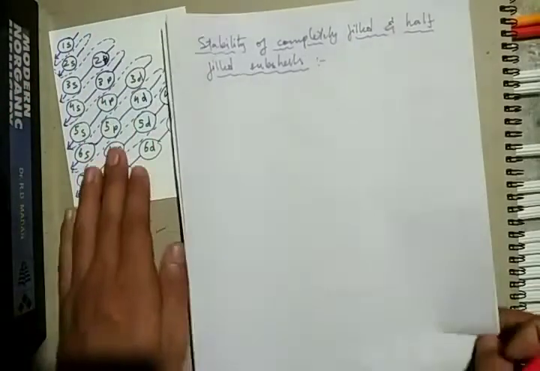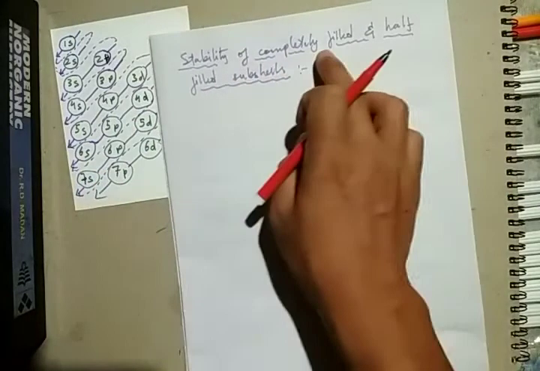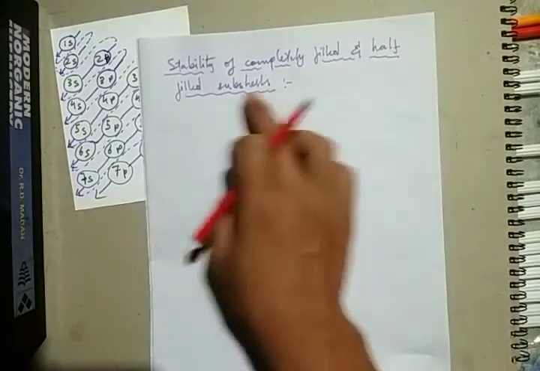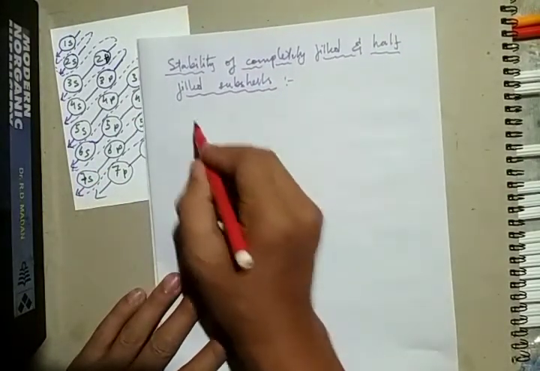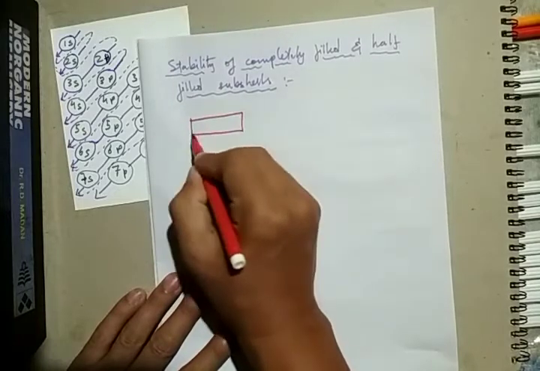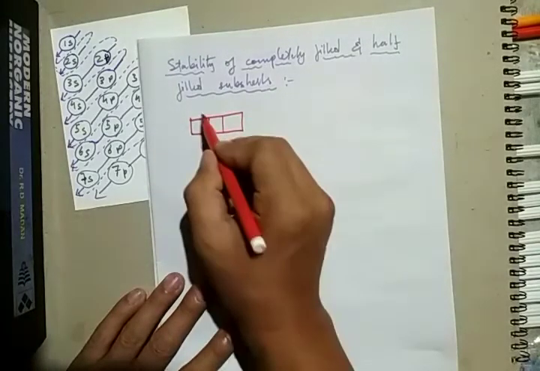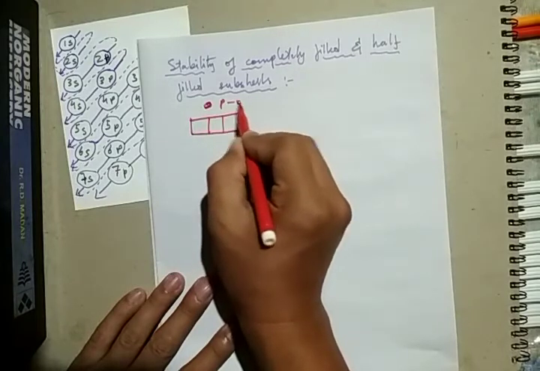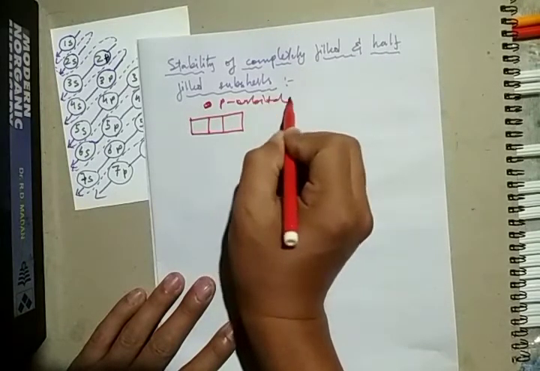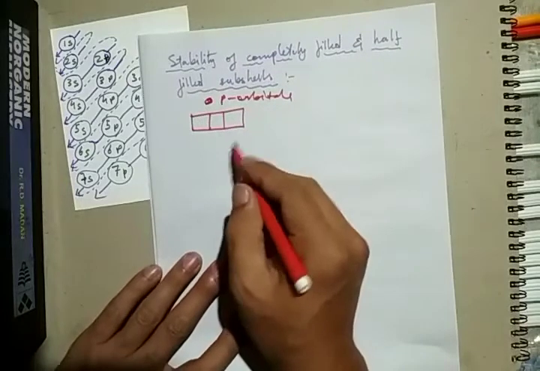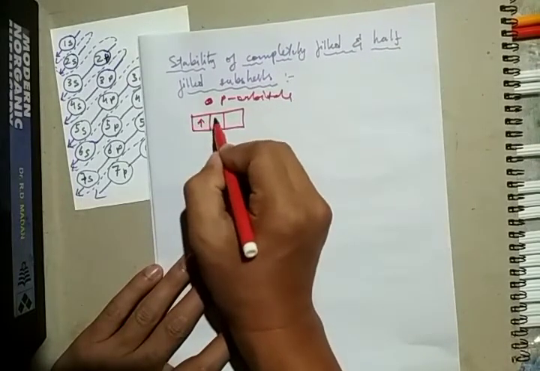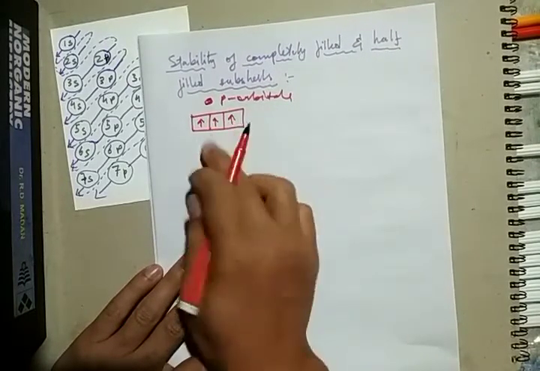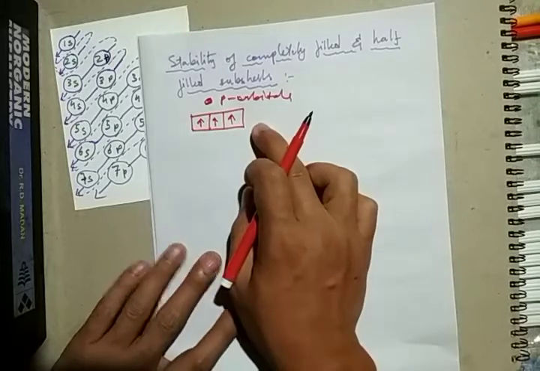So let's discuss a few concepts: stability of completely filled and half filled subshells. We have discussed this before. This is the p orbital. Electrons are singly filled, which means they are half filled.